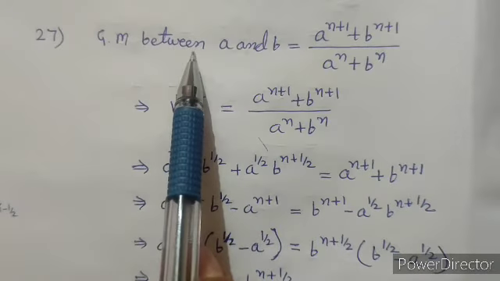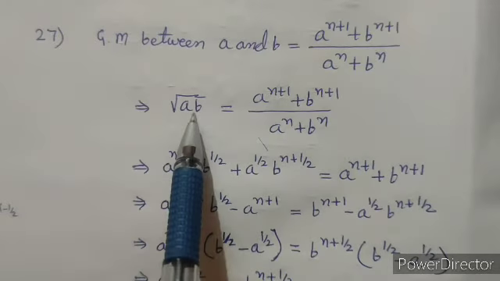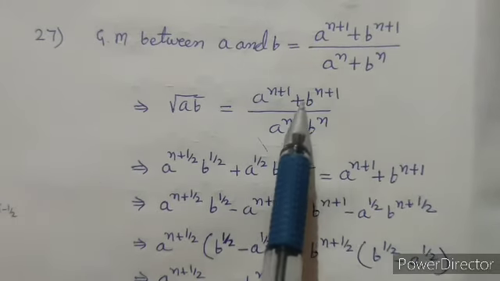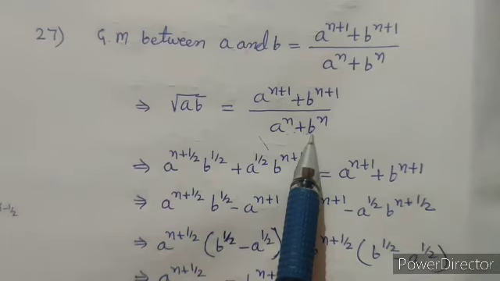Now, as we know that the geometric mean between a and b is given by root ab, and that will be equal to a raised to power n plus 1 plus b raised to power n plus 1 upon a raised to power n plus b raised to power n.